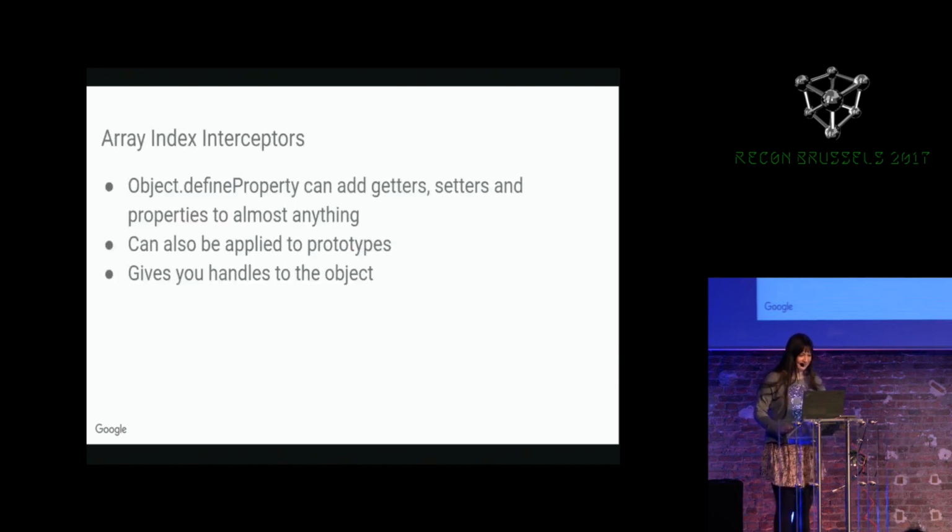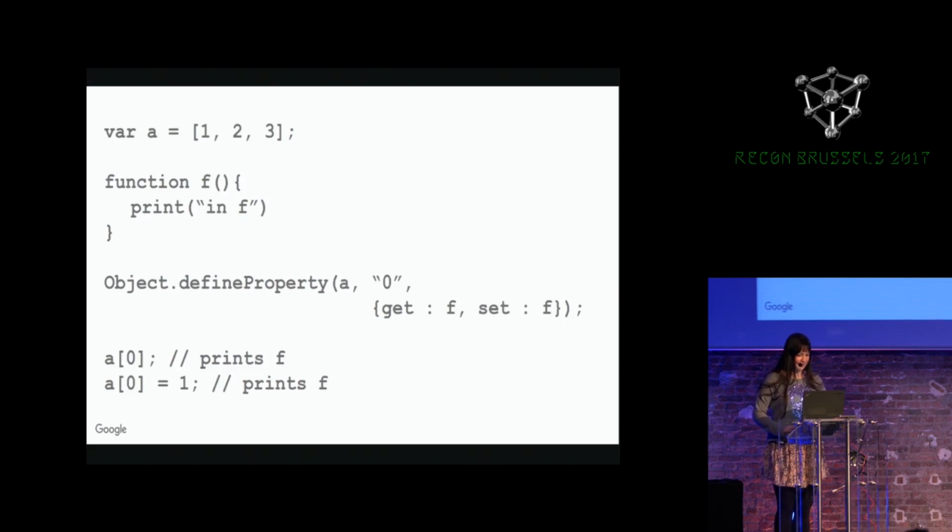Another property of JavaScript I read about, this is absolutely wild, but you can put interceptors, getters and setters on the index of an array, and this has all sorts of interesting impacts. Here's how it works.